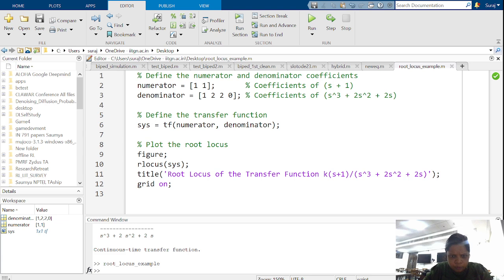I'll change the window again because it is not capturing.